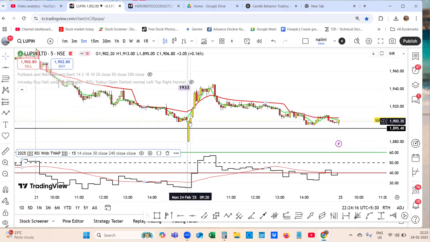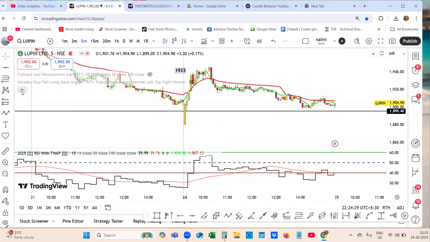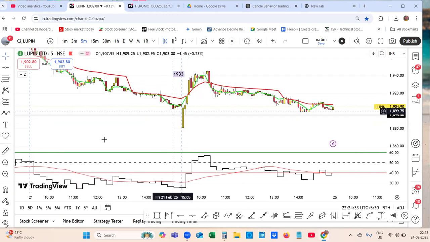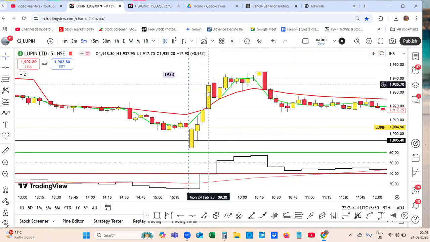See, the first 15-minute candle is a bullish candle, bullish close. And the second 15-minute candle is making a higher high. This is simple price action, right? Then it is making higher high, higher low, higher high, higher low, higher high, higher low.